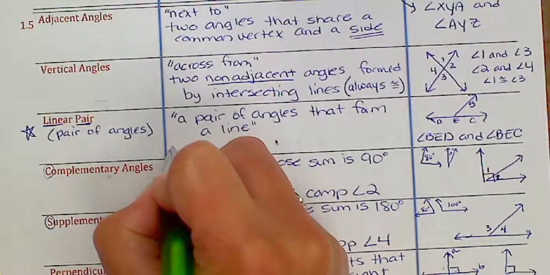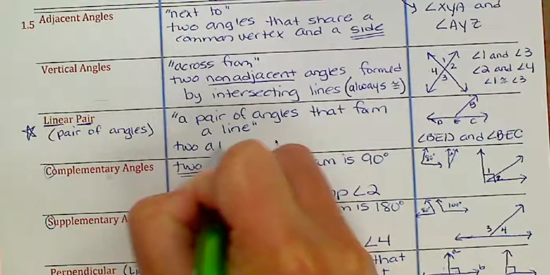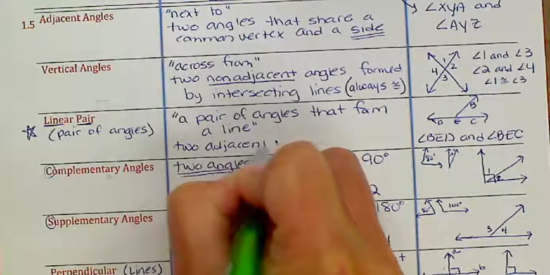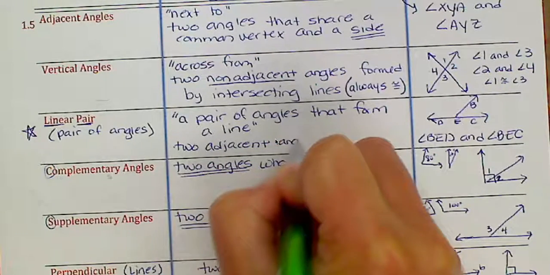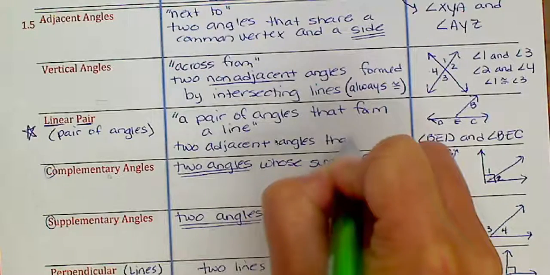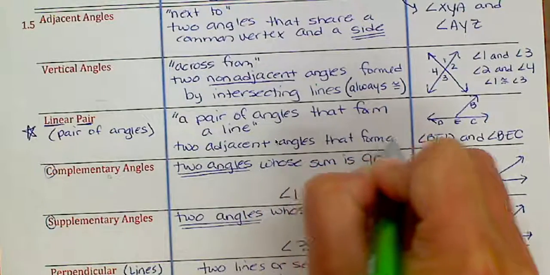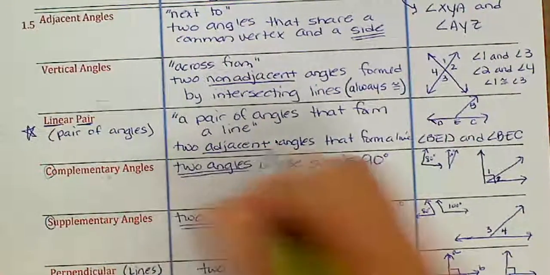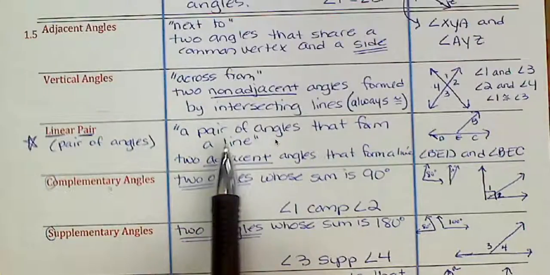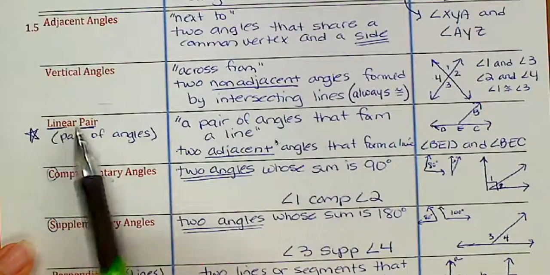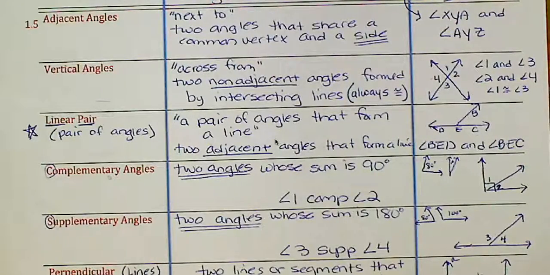The formal definition, let's put this: two adjacent angles that form a line. That's the formal definition, but this is kind of what you get when you translate the terminology here.